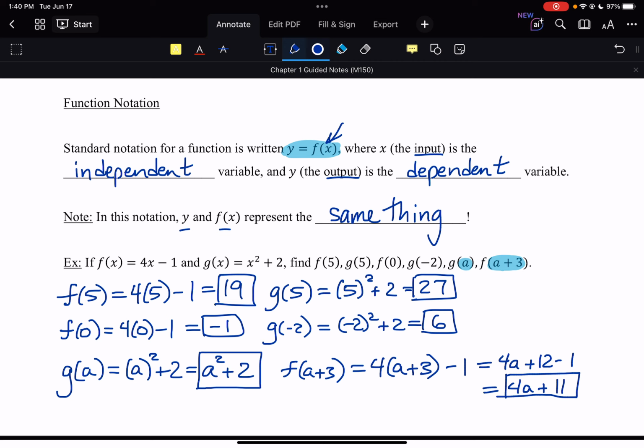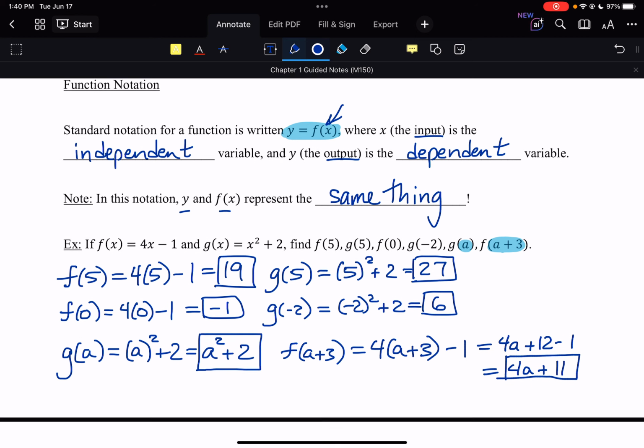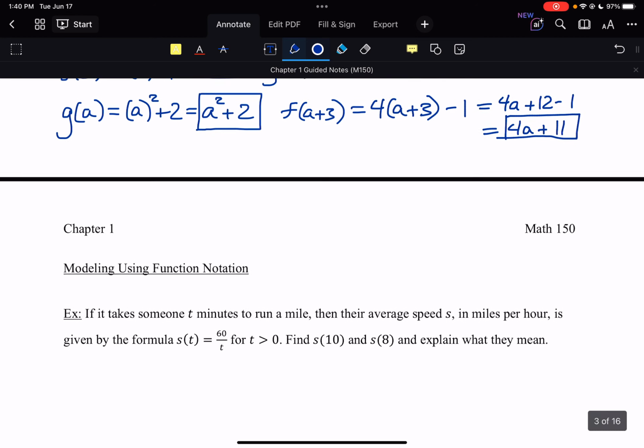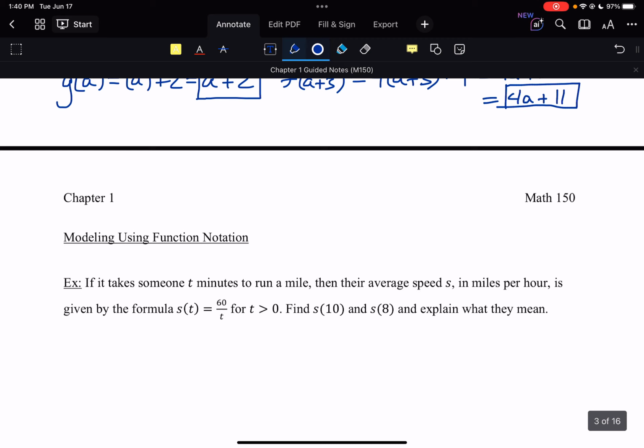Now, the next thing that we're going to be talking about, because this is a business calculus class, calculus for the social sciences, is that we are going to be looking at applications throughout the semester. We're going to be looking at the idea of mathematical modeling.